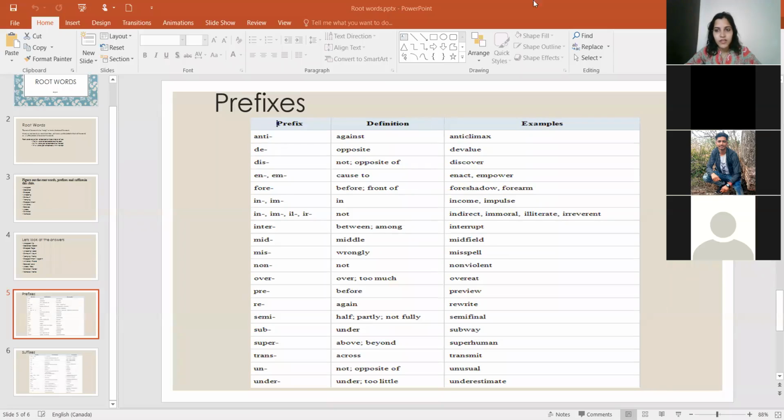So what about the word semi? Semi is half, partly, or not fully, and a word is semi-final. So which words can you think of?